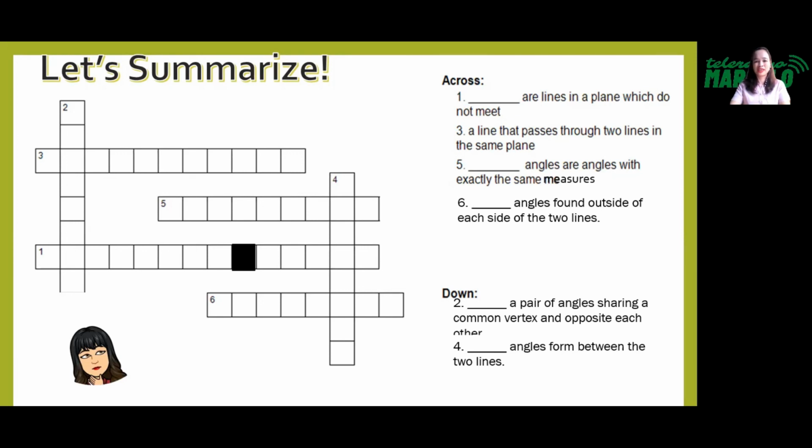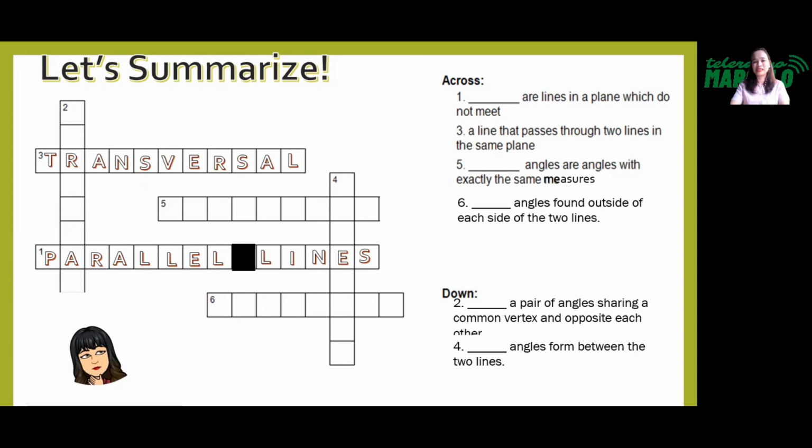If your answer is parallel lines, correct. Number 3, a line that passes through two lines in the same plane. And that is transversal line. Number 5, blank angles are angles with exactly the same measures.